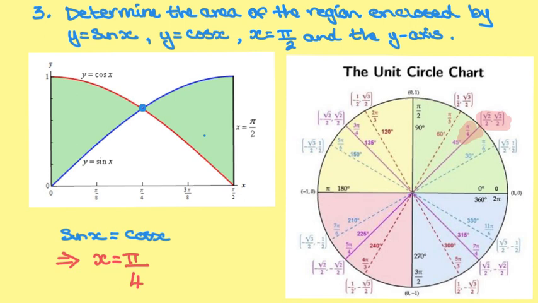From the diagram, I can also see that I need to set up two integrals, one for area A and one for area B. In area A, cos x is always above sine x, and in area B, sine x is always above cos x.